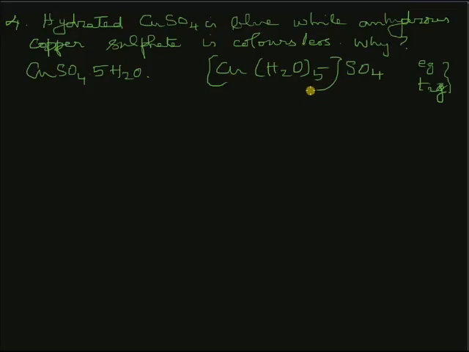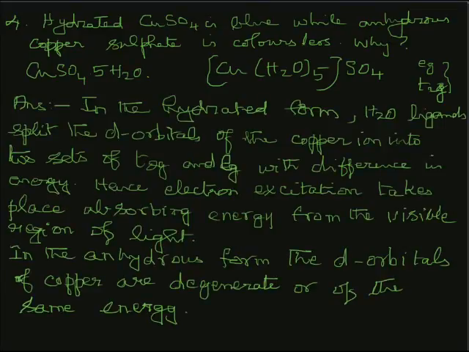That is the reason why copper sulfate pentahydrate is colored. In the case of anhydrous copper sulfate, the d orbitals of the copper ion are degenerate, or of the same energy. I suppose you have understood the reason. Now you can write it in words. I suppose you have gone through the answer and understood that. Let us pass on to the fifth question.